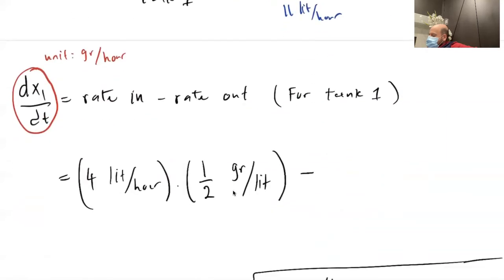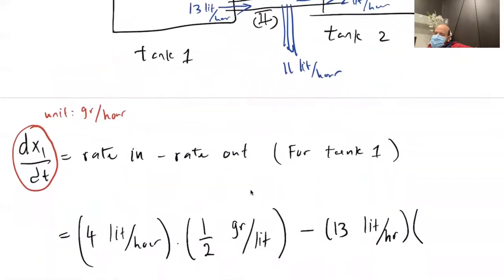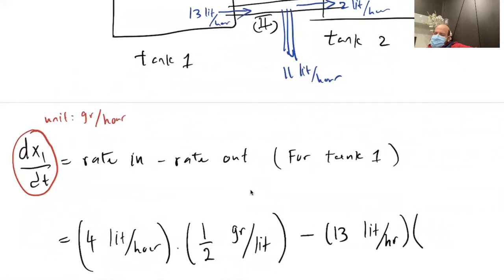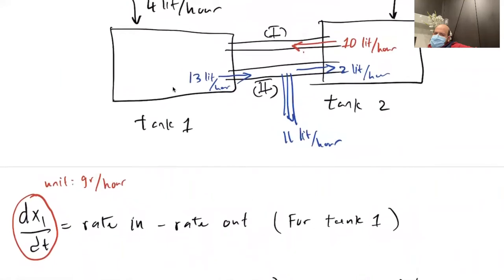So minus 13 liters per hour times, as we said for the first term, some number with the unit of gram per liter, so that we have gram per hour overall. Now this has to be multiplied with what number? So what is in tank? This 13 was in tank 1.